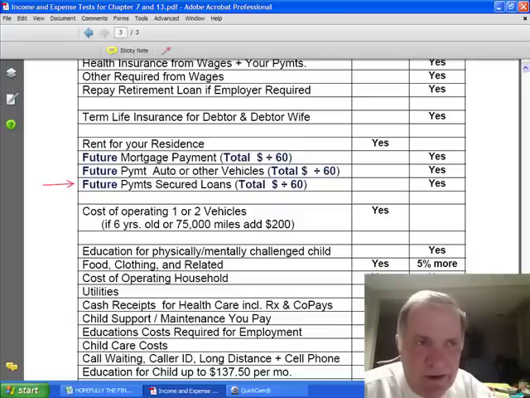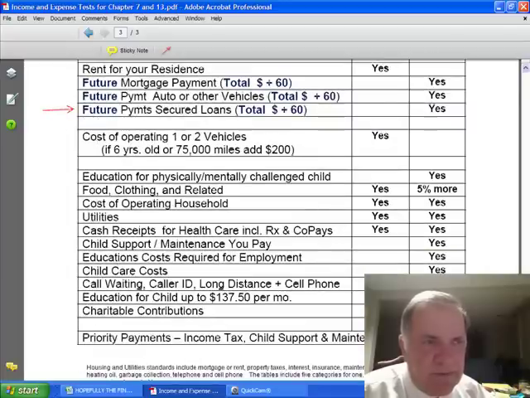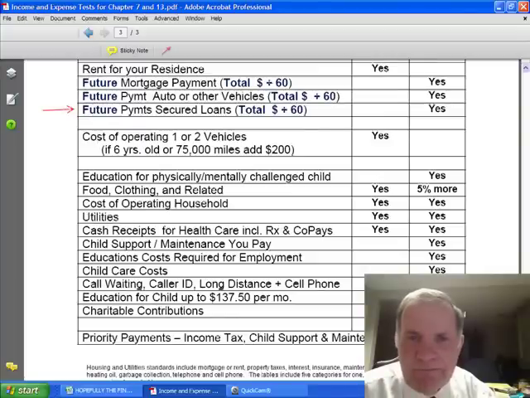Since we can claim $200 extra for each of those cars, we've got $400 plus the cost of operation expense that they give you. So if your cars are older, it will really help us on this expense category. Now, the next and last series of these expenses, we're going to get into those in the next video. Thank you.